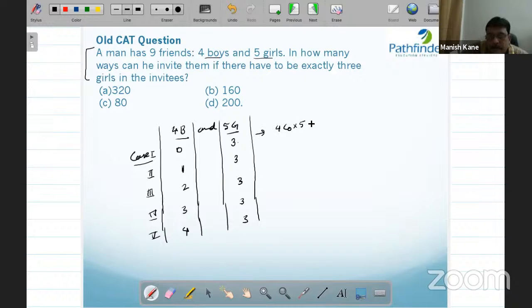4C0 into 5C3 plus 4C1 into 5C3 plus 4C2 into 5C3 plus 4C3 into 5C3 plus 4C4 into 5C3.